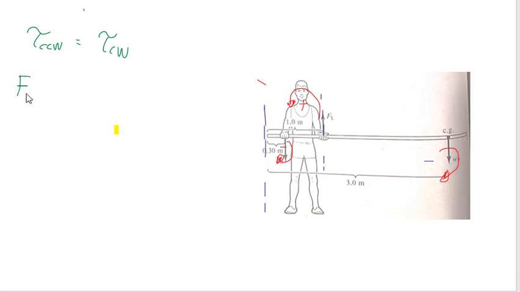So we have FL times the distance DL equals the force at the right times the distance at the right, plus the force of CG times the distance of CG. But what we are looking for here is FL, so let's divide everything by DL.